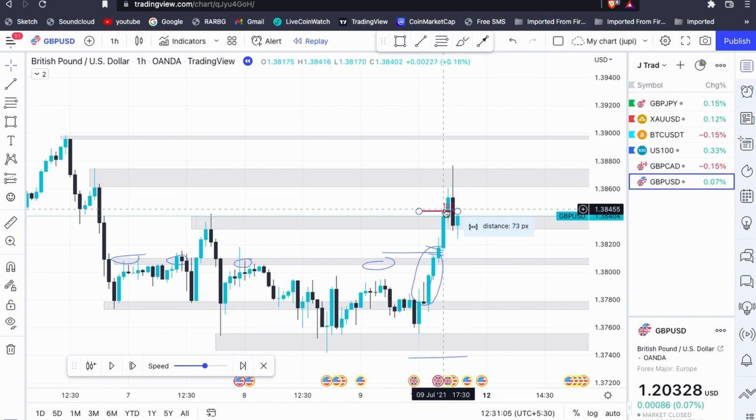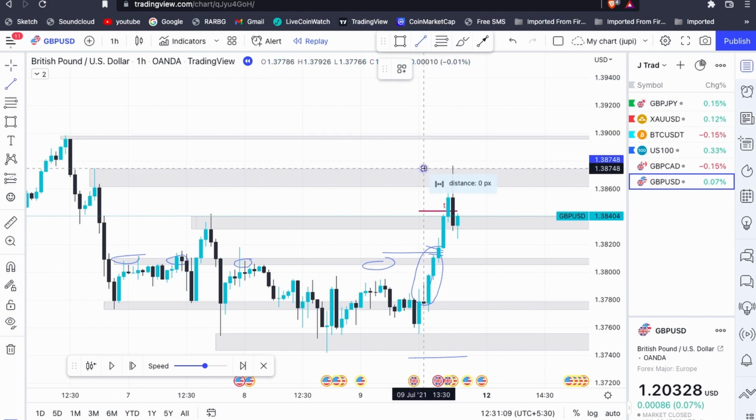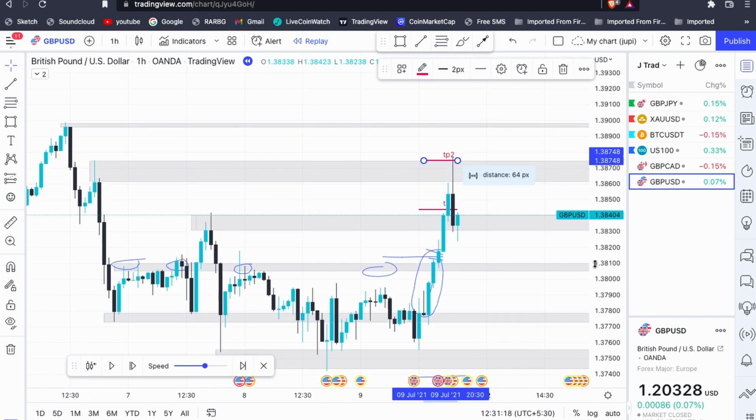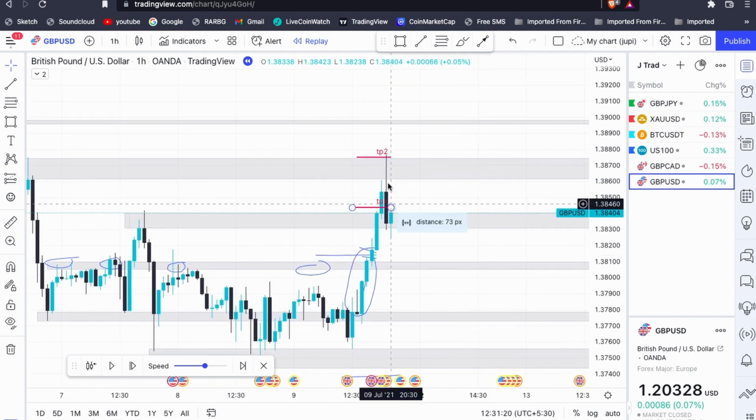We took one trade already, so TP1 hit, TP2 also hit. TP2 was this one, 40 pips, which was breached already. So 2 trades successful. Then the market traced back to this area.